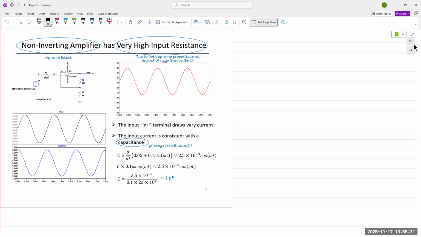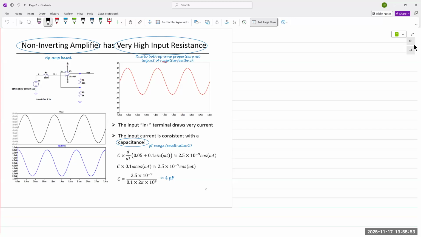When we create circuits using these op amps, those parameters will change a bit. So when we talk about parameters using this configuration, we are specifically referring to the non-inverting amplifier, not the op amp itself.